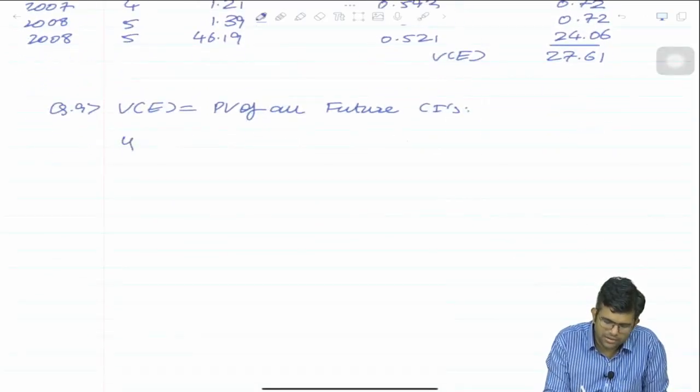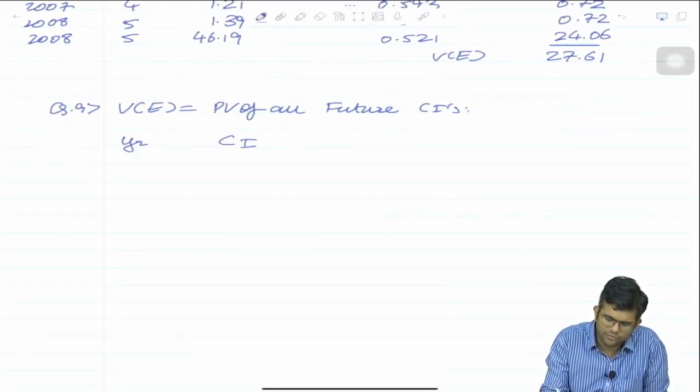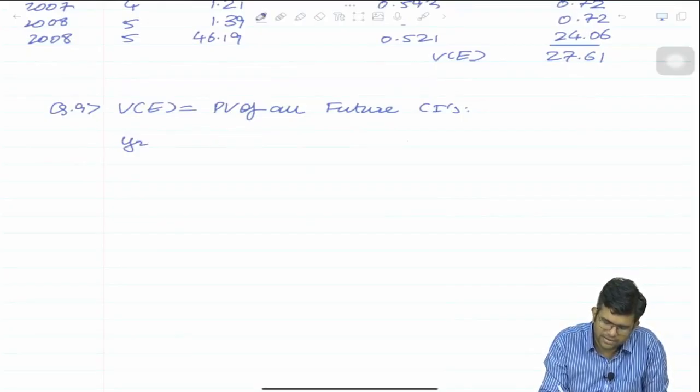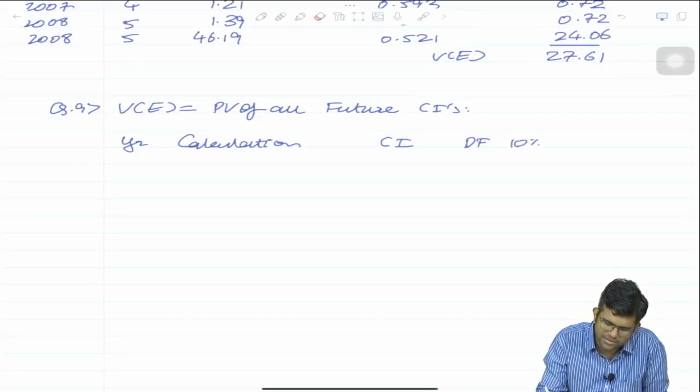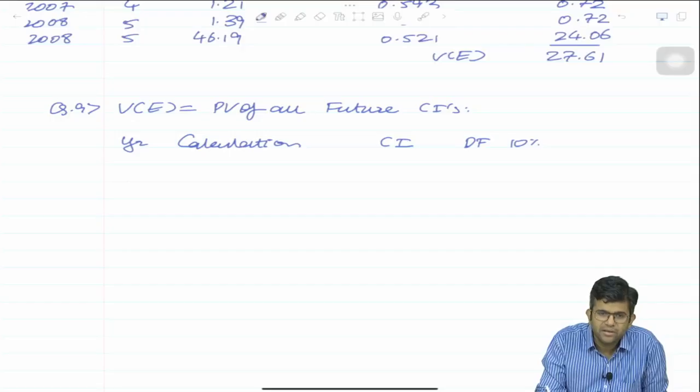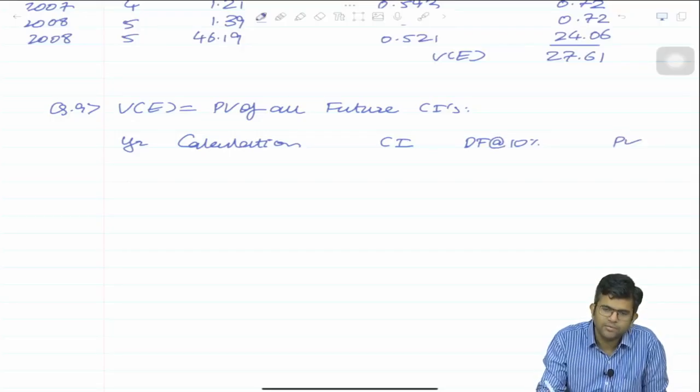So I'll write here year, cash inflow, discounting factor, I guess 10%. Someone please confirm this 10% is the required return, just check. Okay, discounting factor at the rate 10% and present value.